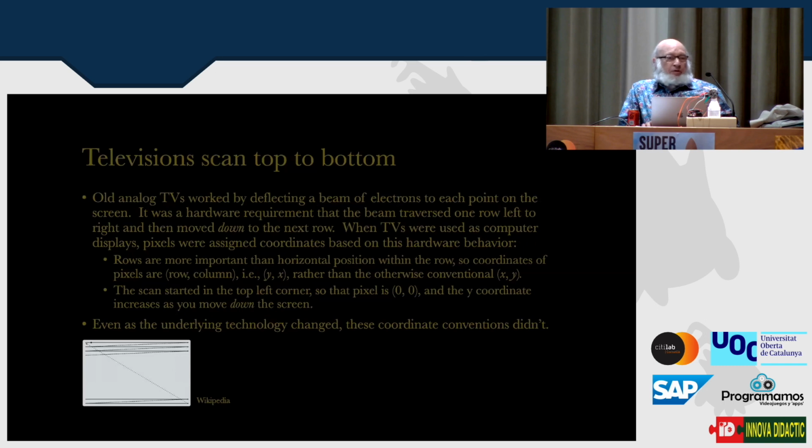So rows were the main unit of pixels as opposed to columns. TV hardware doesn't work like that anymore, but it pretends to, because it has to go in some order, so it goes in that order.